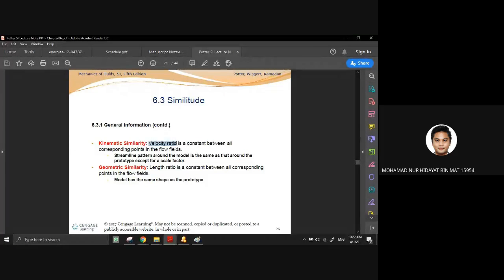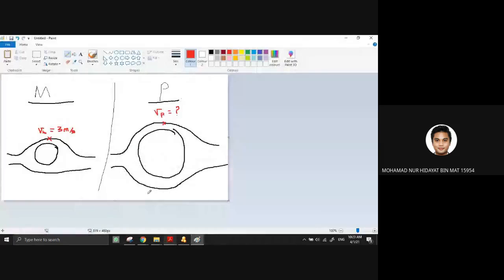Velocity ratio means velocity of model over velocity of prototype is constant between all corresponding points. For example, the velocity ratio Vm over Vp is 2 times. So what is Vp? Of course, Vp is 3.